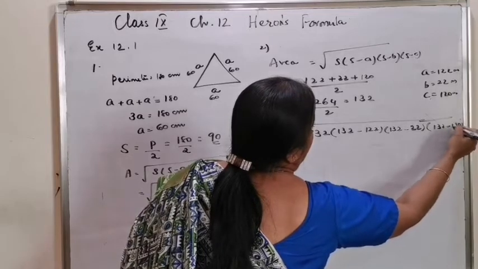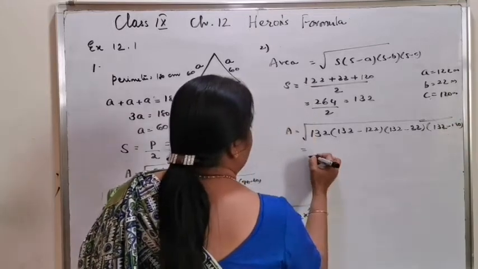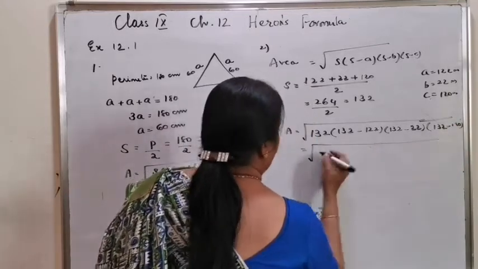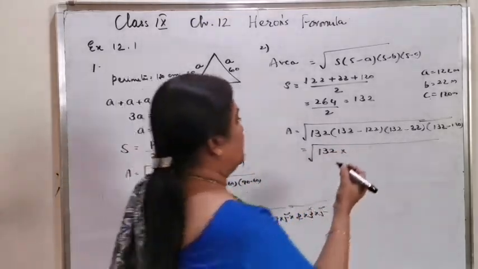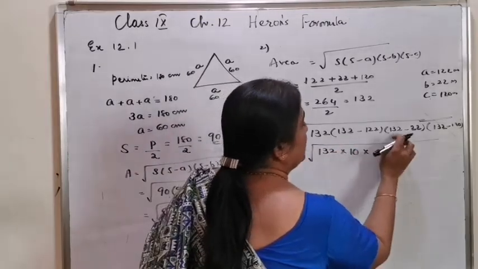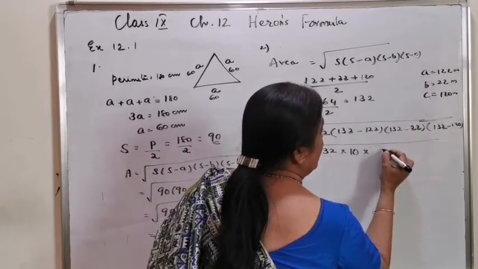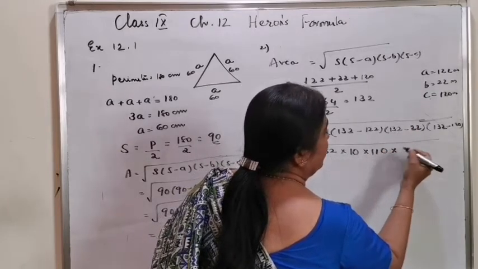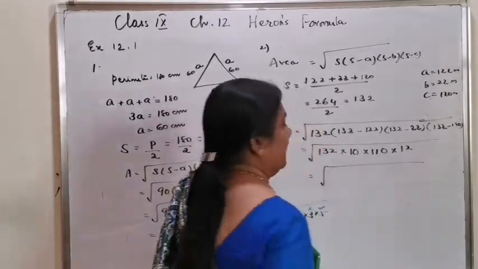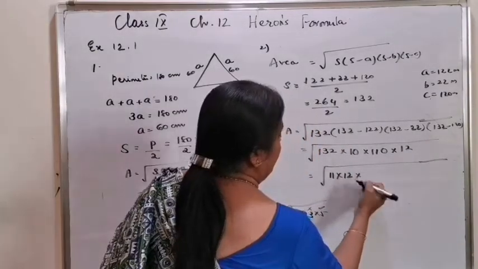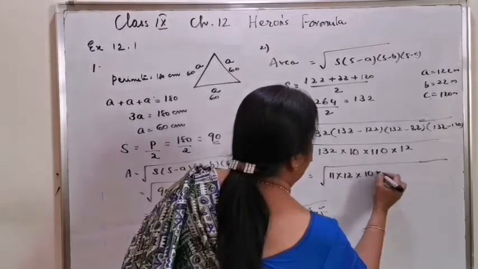132 minus 120. Square root of 132. 132 minus 122 is 10. 132 minus 22 is 110. 132 minus 12 is 12, which is equal to 11 into 12 into 10.